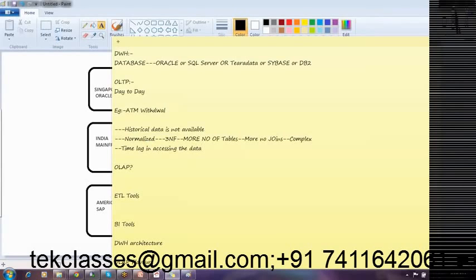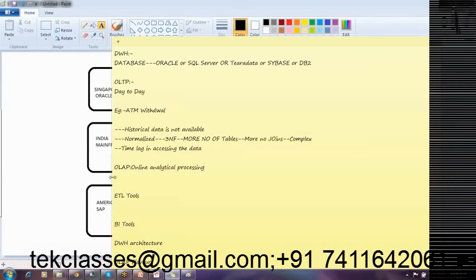By spending so much money, we are building a separate system called an OLAP system. OLAP is nothing but the online analytical processing system. This is another name, analytical processing system, which we use for an OLAP system, the data warehouse.